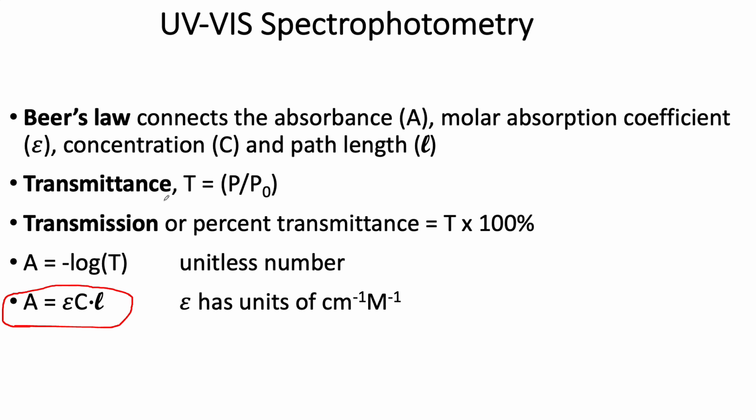The transmittance is the ratio of the light coming out over the light coming in, that's the P0. So this is a number between 0 and 1. Either you get all of the light going through, or you get half of it. This is some fraction from 0 to 1. That's the transmittance.